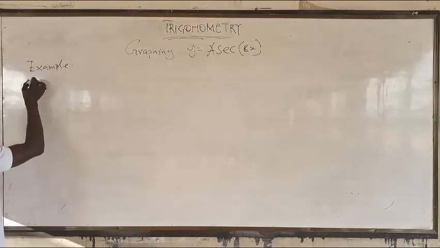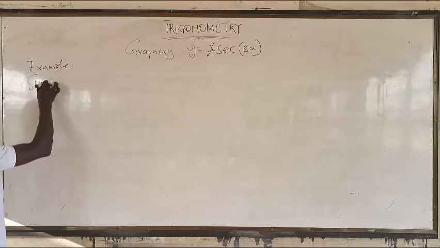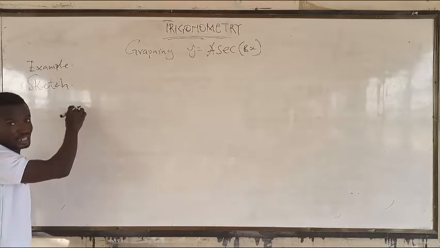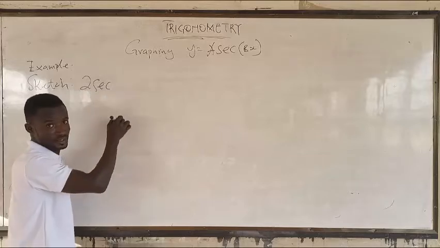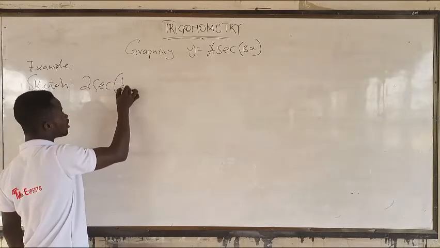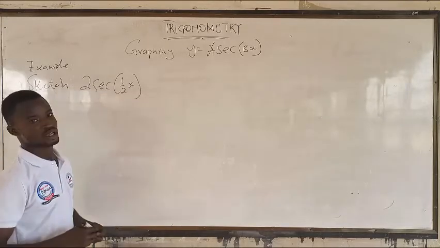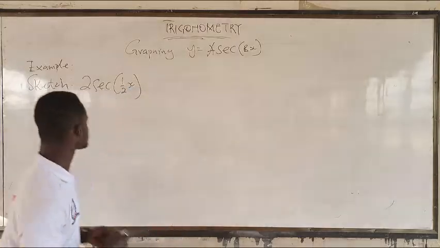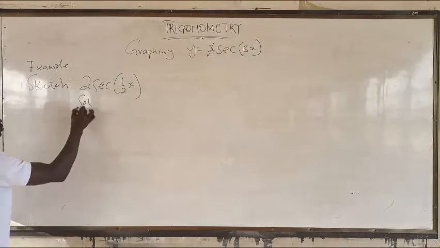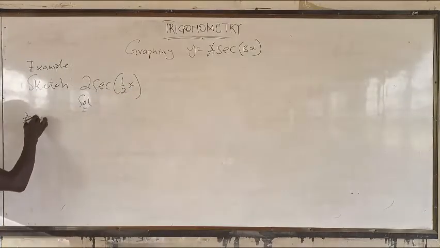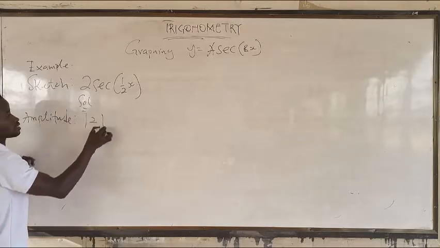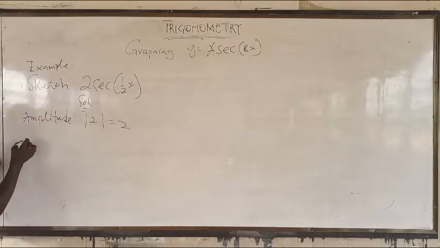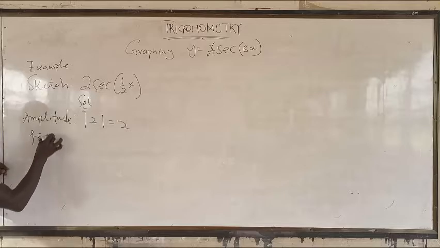So we are to sketch 2 sec of half x. The first thing to do is to go for the amplitude. So the amplitude is just this, and that is 2. Then you go for the period.